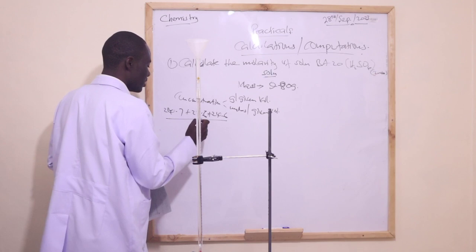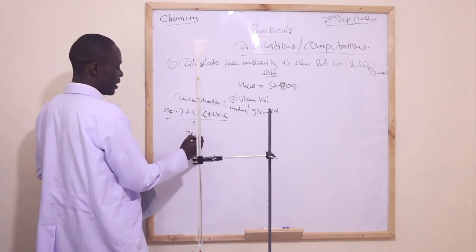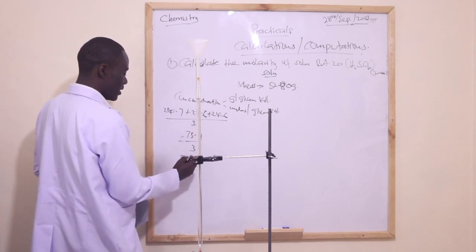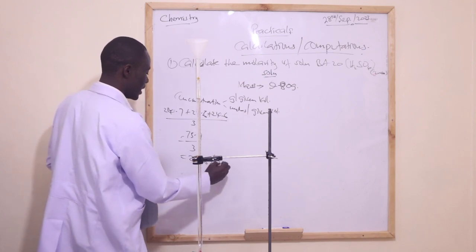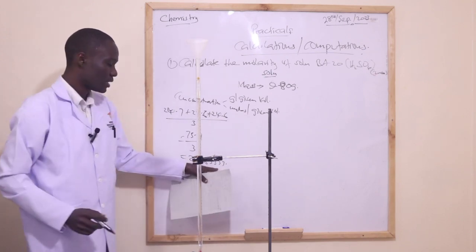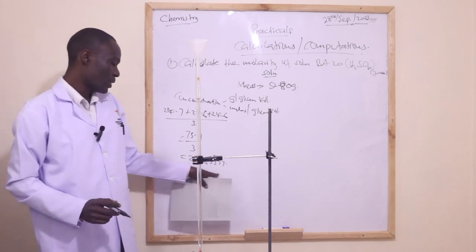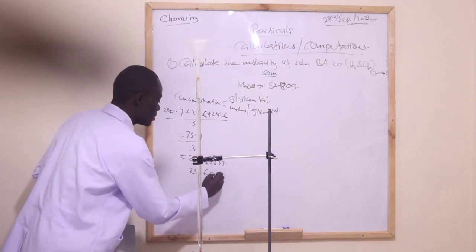When you divide by 3, you get around 24.633 recurring, that is if you use your calculator correctly. Rounding off to the nearest one decimal place, you get 24.6 cubic centimeters.